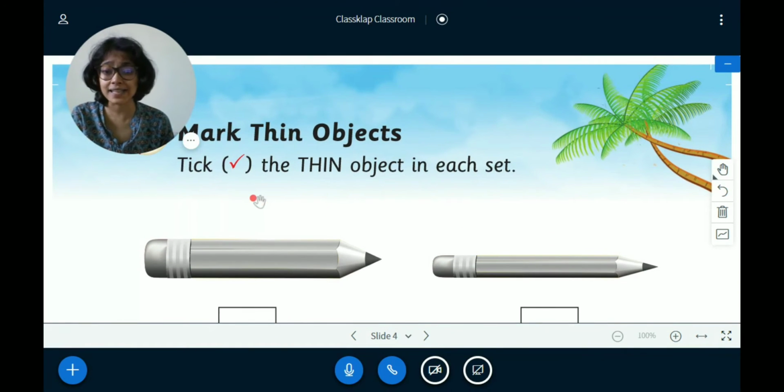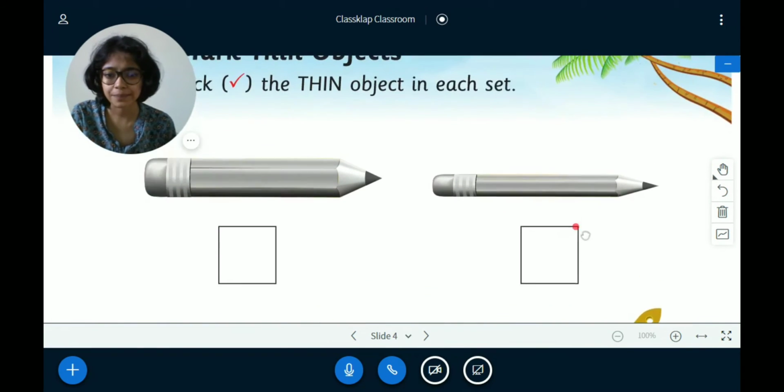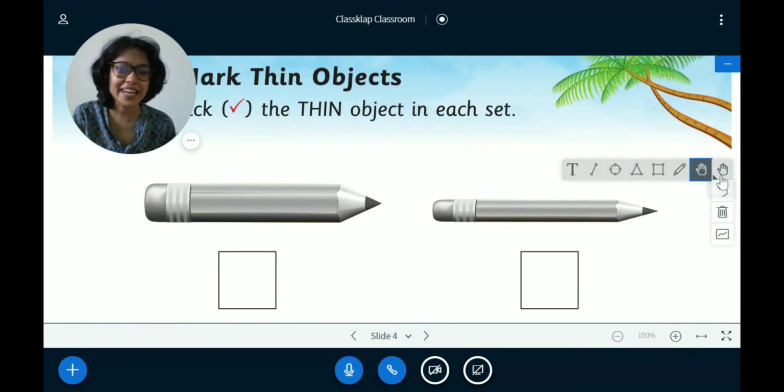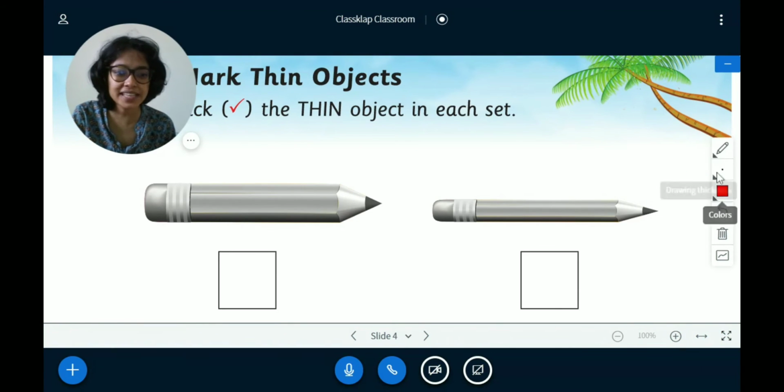In this exercise, we have to tick the thin object. So let's see. There are two pencils. Is this the thin pencil? No. Is this the thin pencil? Yes. So let's tick the thin pencil.